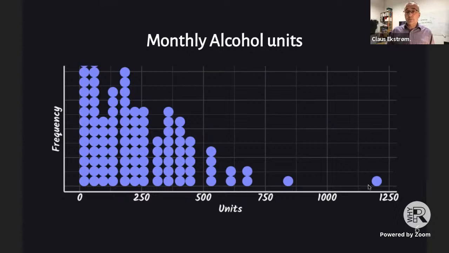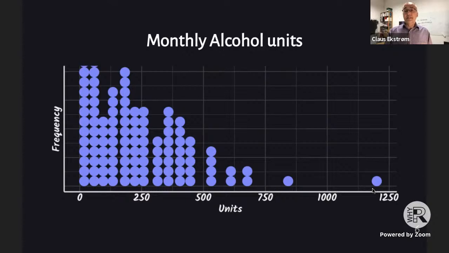And you may notice up here towards the right that we have a single individual who had about 1,200 alcohol units over a full month. And we said, haha, we found another mistake, because this surely seems like a very extreme number, certainly compared to the range of the remaining alcohol units. So those 1,200, that's a bit excessive.